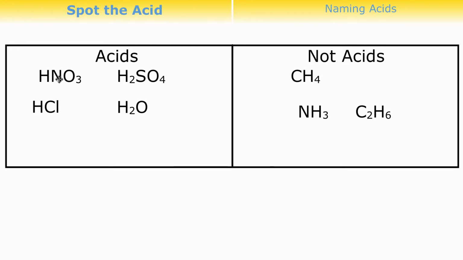If you take a look at these acids versus these non-acids, is there anything that stands out? One thing for me is that with these acids, typically the hydrogen's written at the start. It's not always true, but it could be one way to spot an acid, whereas these hydrogens are written at the end.